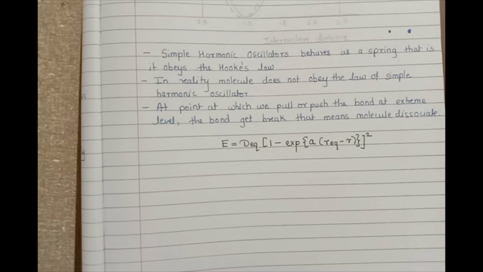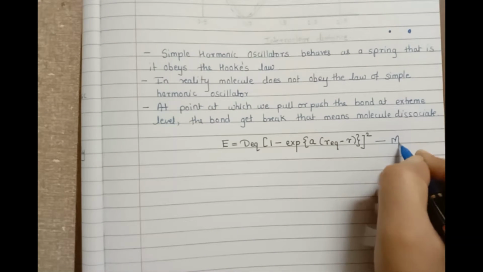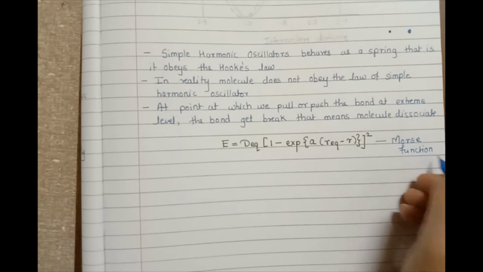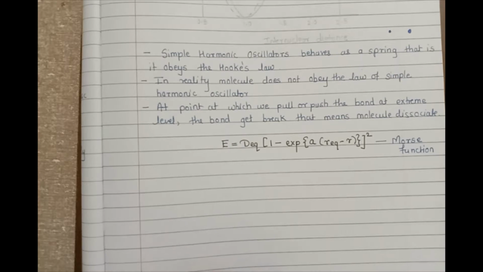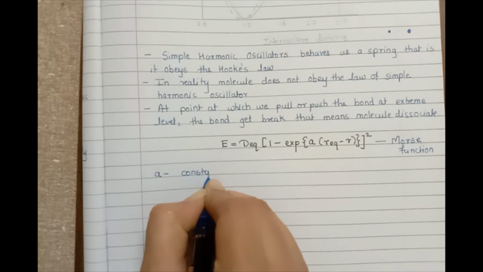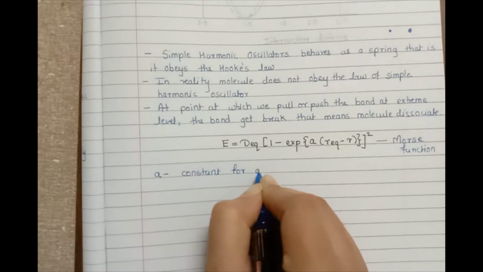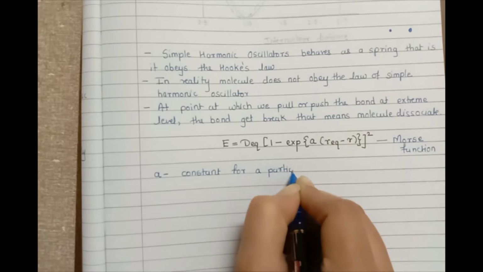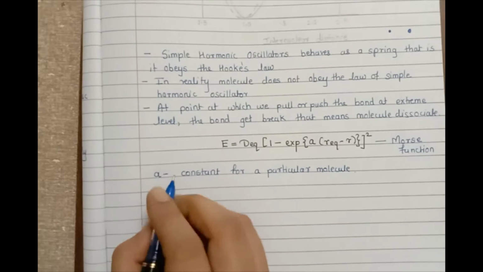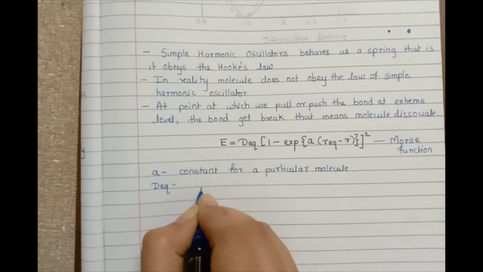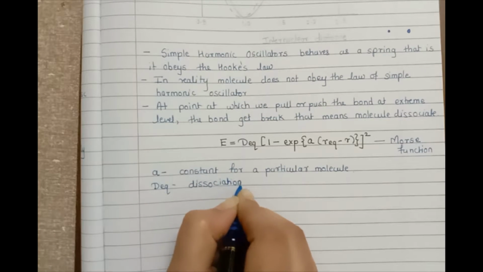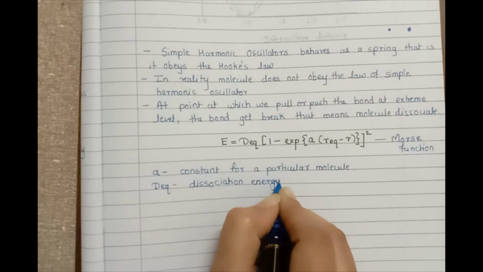This is the Morse function. Remember, this curve is known as the Morse curve, and this equation is the Morse function. In this equation, a is a constant for a particular molecule, and De is the dissociation energy. So this was for the Morse function.